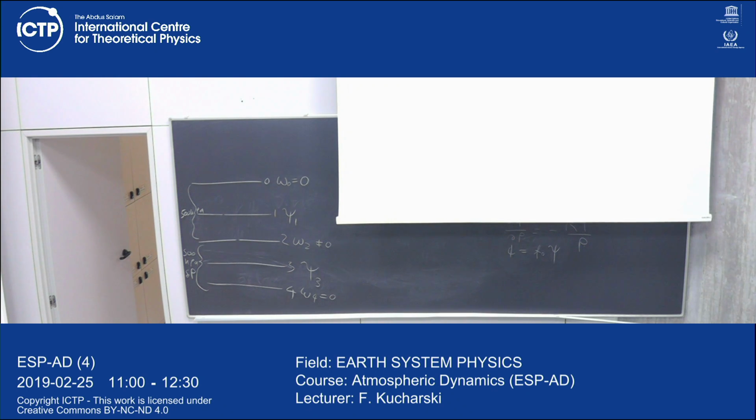Therefore we get this lambda squared in these equations, which is related to the stability of the atmosphere. So this is incorporating the thermodynamic equation, and this is just the vorticity equation. But it's a very straightforward manipulation of the equations.